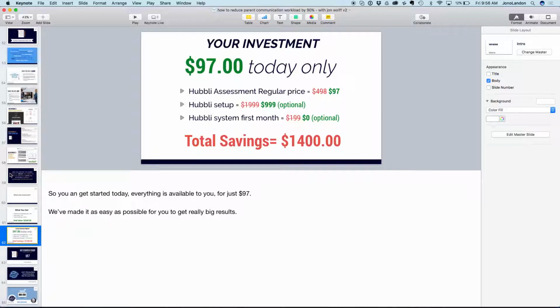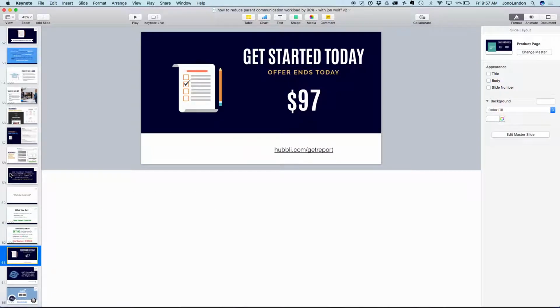So again, stacking the value, showing them things, and I use the button to literally stack it visually, like bing, they show up as an animation on every click. And so today you spend only $97, and you get a full savings of $1,400. And then get started today.